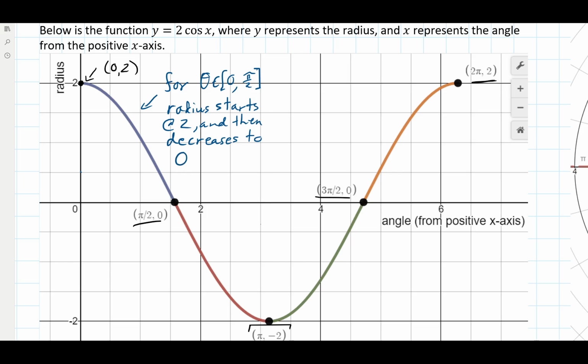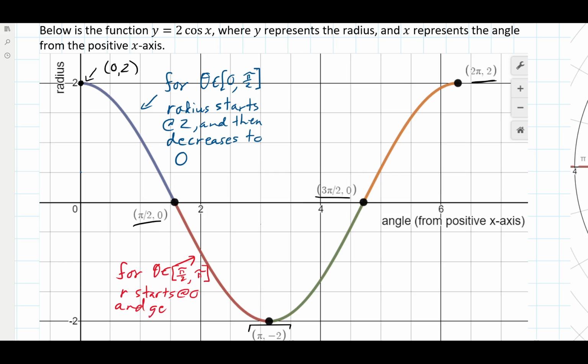Alrighty. Now, if we follow the same idea for the red chunk right here, for thetas from pi over 2 to pi, r starts at 0 and it continues decreasing, or you could think of it as increasing in the negative direction.